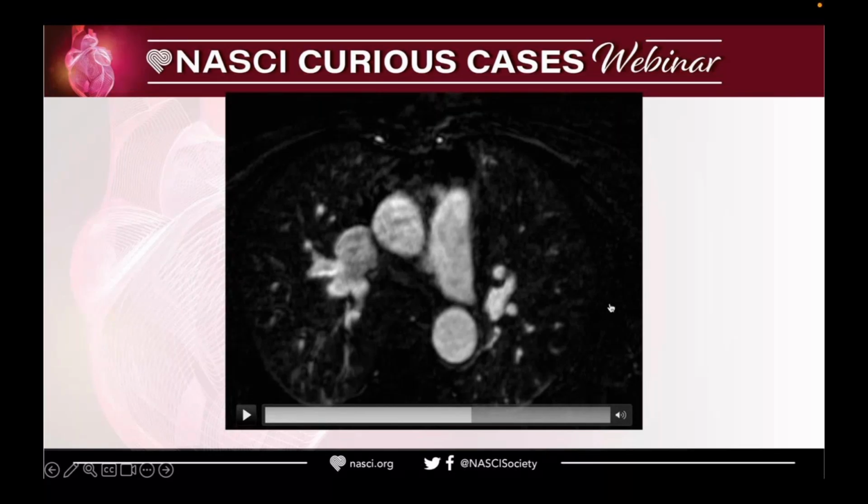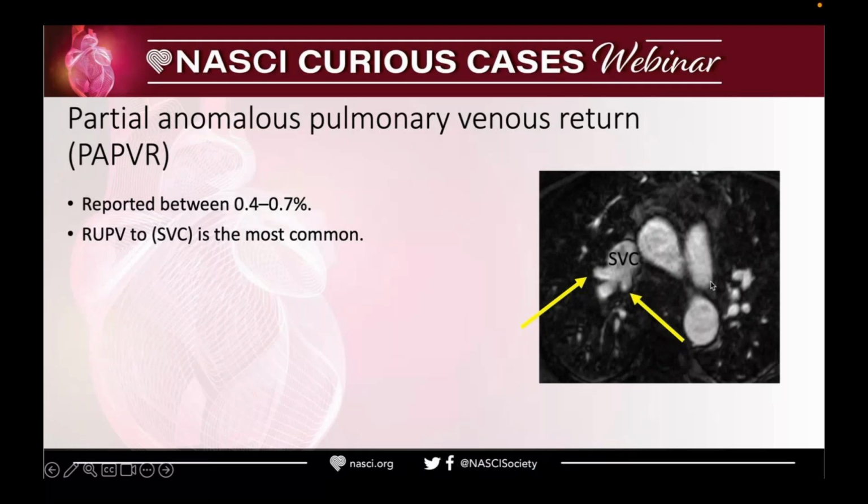And this, in some patients, may be asymptomatic, but when there is more than one vein, with a prolonged time, like this patient who is 60 years old, it may start to affect the right ventricular function. It's reported at 0.4 to 0.7%, but I think we see it a lot.